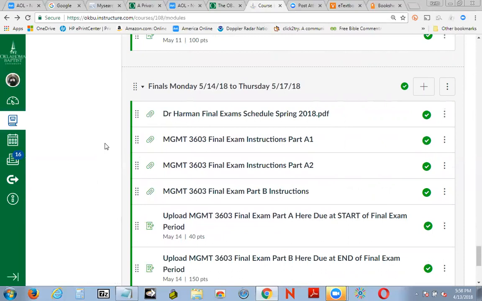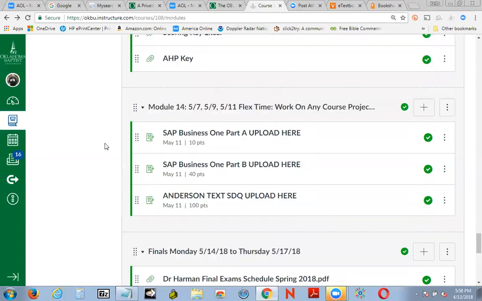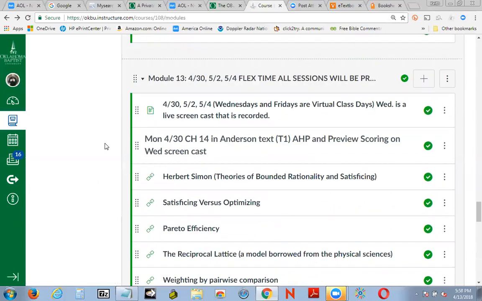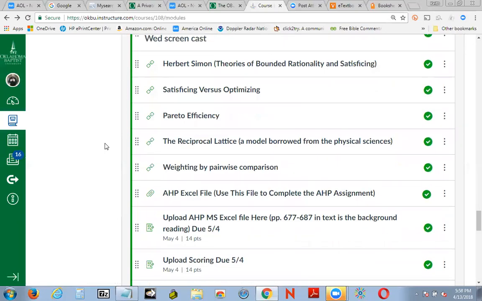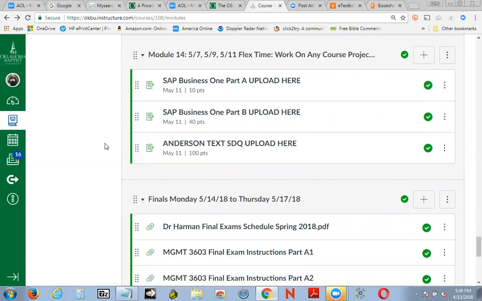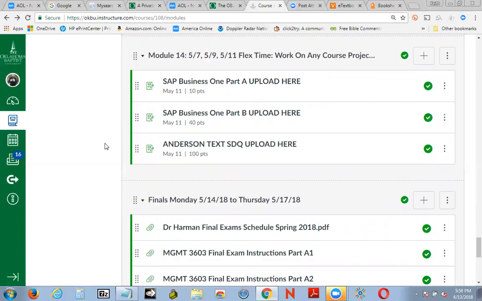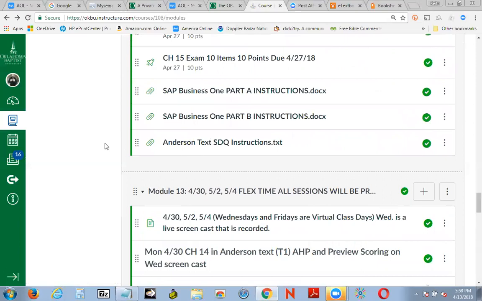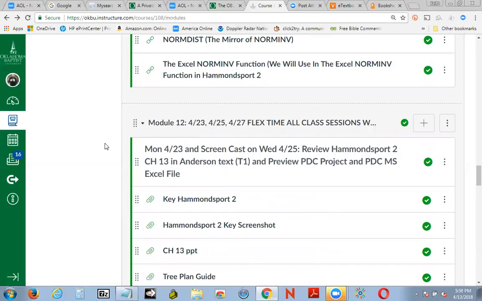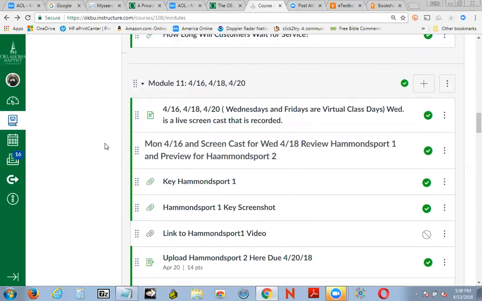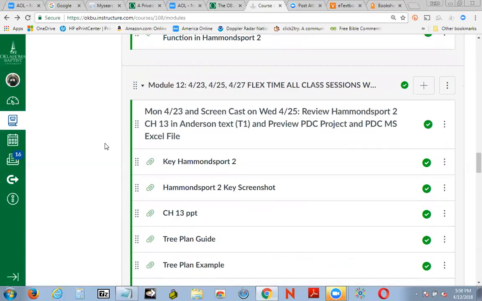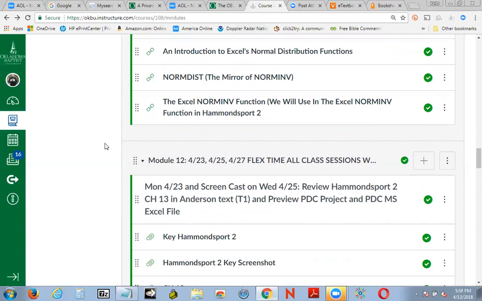What I'm trying to do is get you to a point where you know what's due, and you've got these resources, but then you can start to move, because we move into flex time mode on the 23rd, 25th, and 27th. So this week of the 16th, 18th, and the 20th is the last week that I'll do a live screencast.